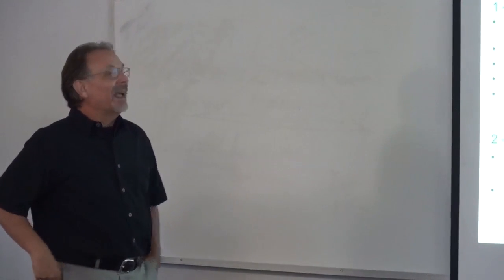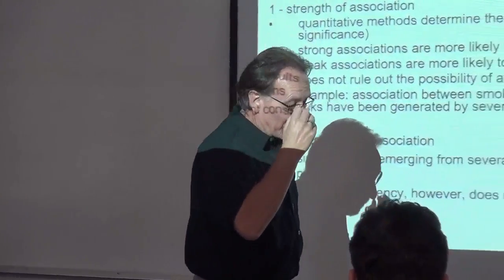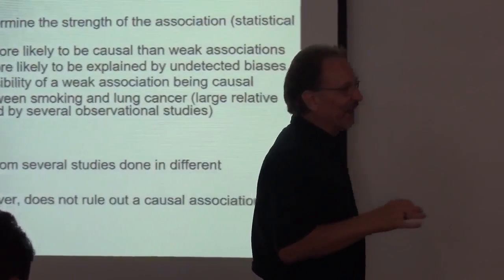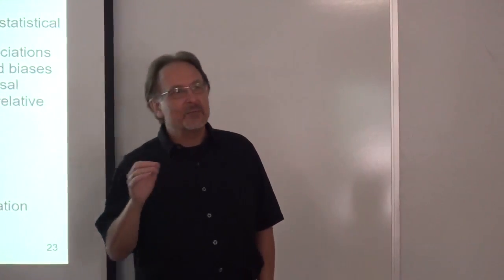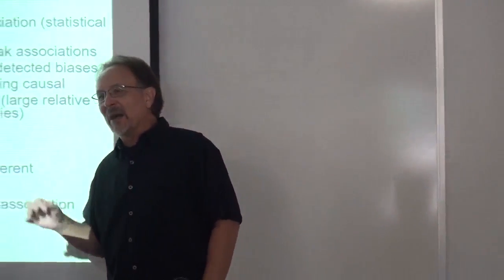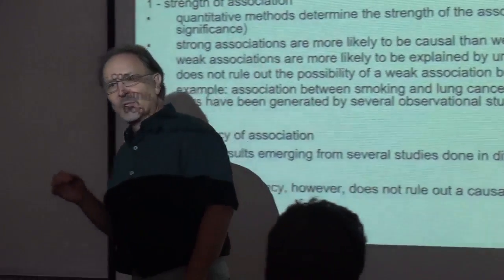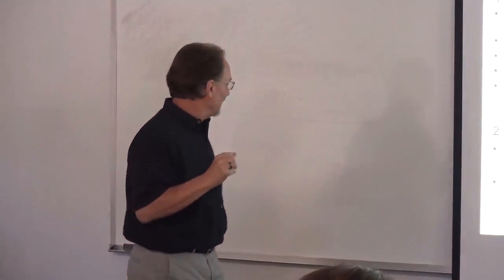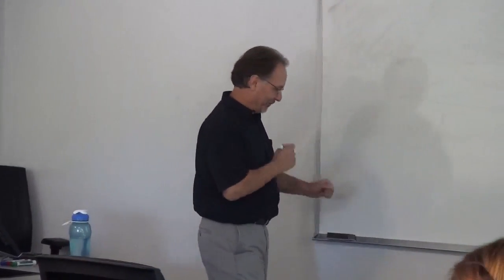The first postulate, and by the way, and I'll say this at the end, but Hill stresses, and he's very adamant, that these postulates are not a checklist. He said, if you meet every one of my 9 postulates, my 9 criteria, that doesn't mean that you have established causation. It means that you have established that there is a likelihood of causation. Okay? And he calls it that they are not the sine qua non.